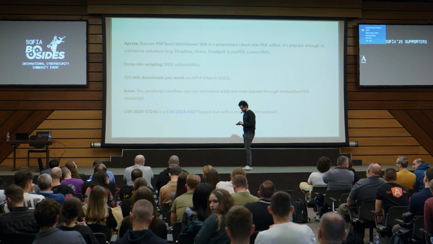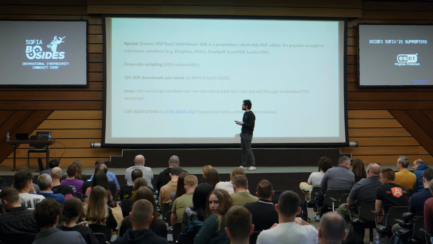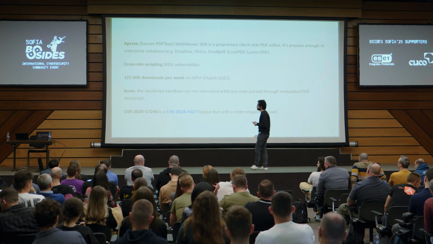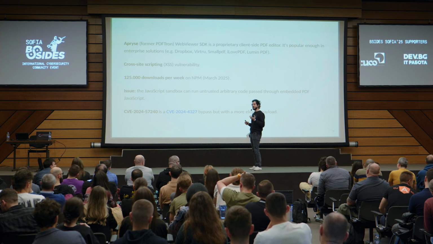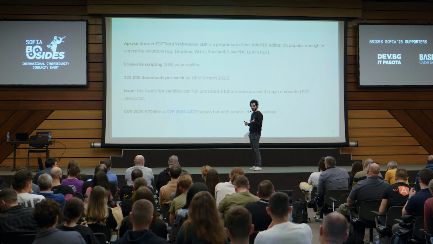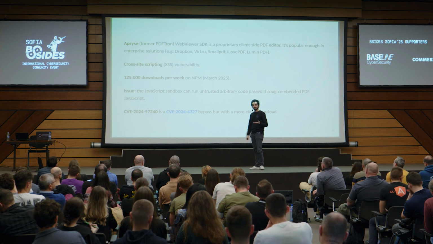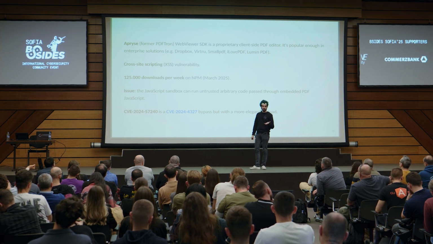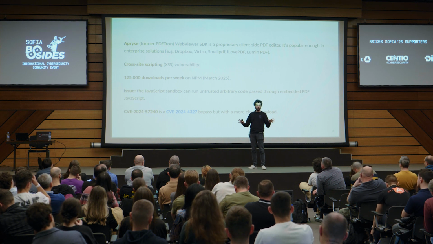Apryse is a company that provides proprietary technology and wants to be a competitor of Adobe. The difference between PDF.js, for example, or PDF in Chrome, and the Apryse product is that PDF.js wants to offer just a solution to the user to visualize and render a PDF in the browser.